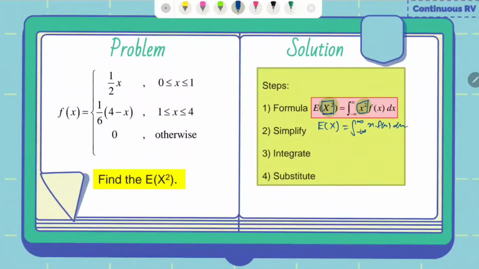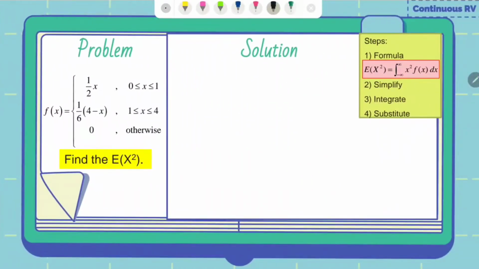The other steps are just similar. Start by writing down E of x squared. And then to integrate this, we have two intervals, from 0 to 1, and now we have to multiply with x squared. So write x squared in front, multiply with the function 1 over 2x.